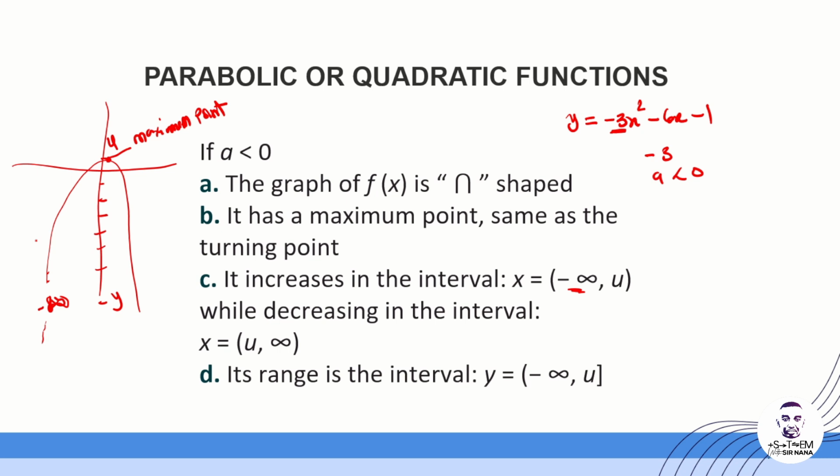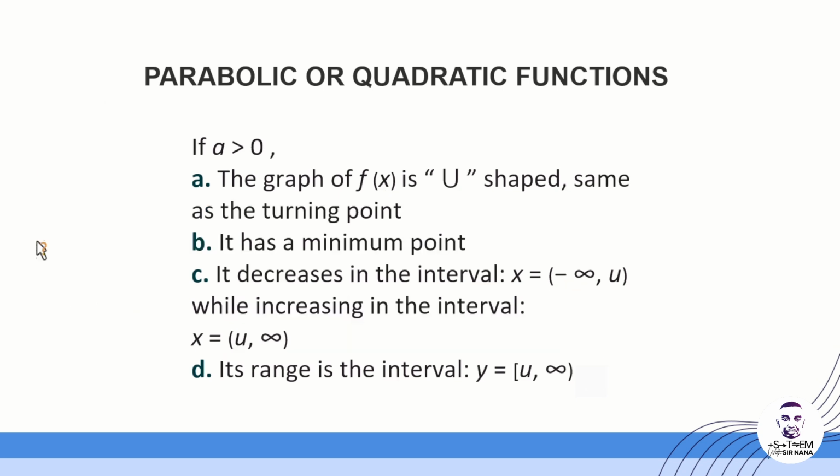And then it decreases from u down to positive infinity on the positive side of x. That is when it decreases. And it has a range y from negative infinity to u, where u is inclusive.